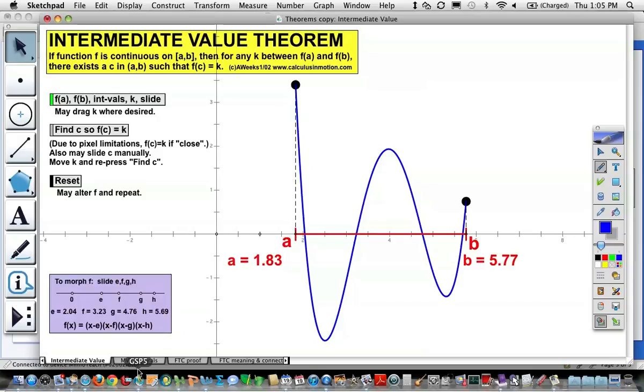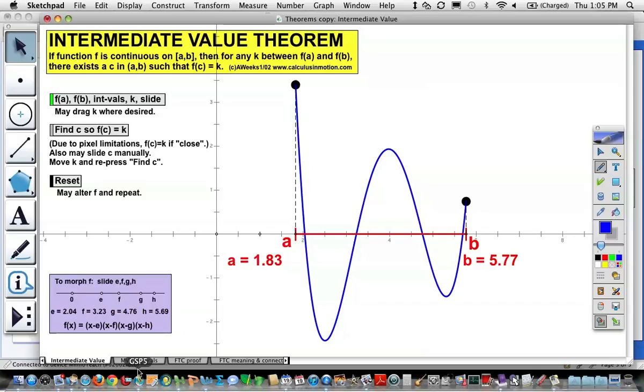Then for any k between f(a) and f(b), I'm going to underline f(a) and f(b) there, that's important.